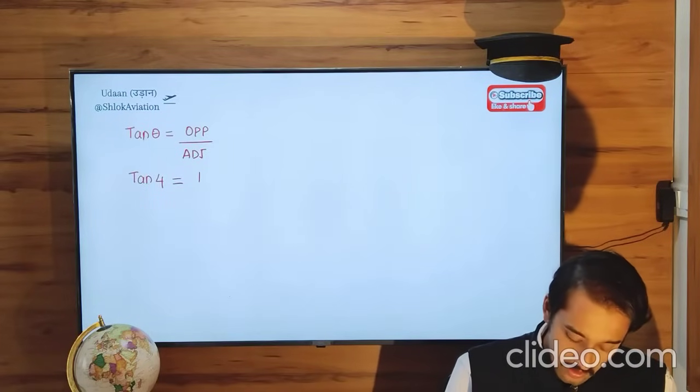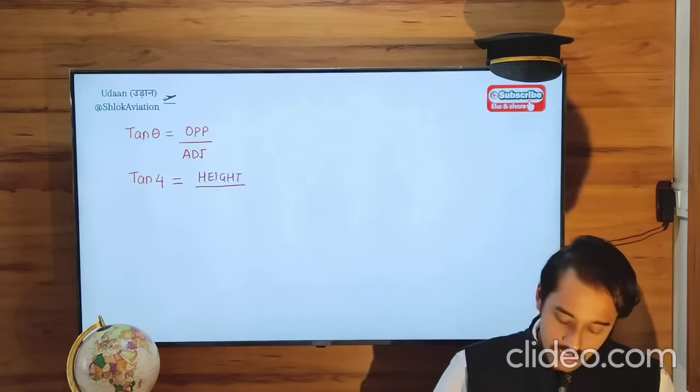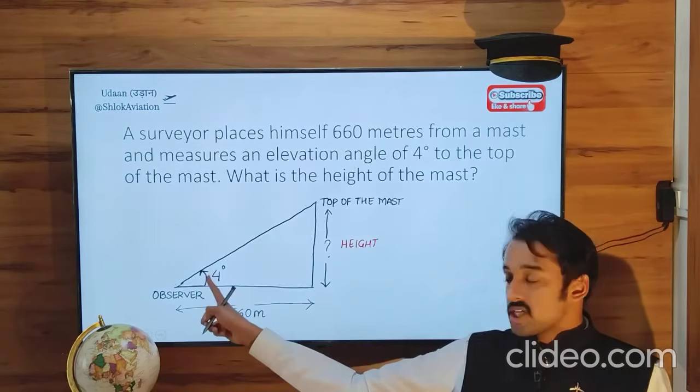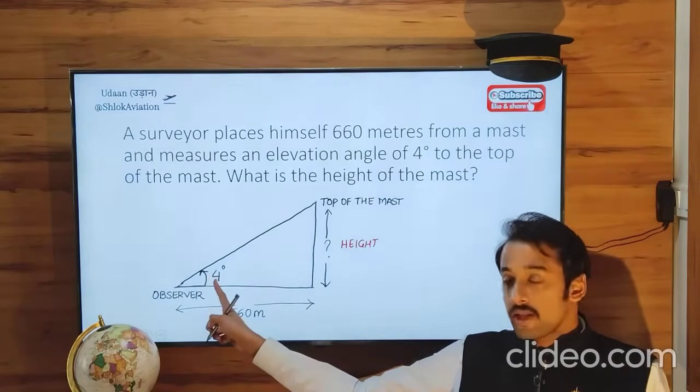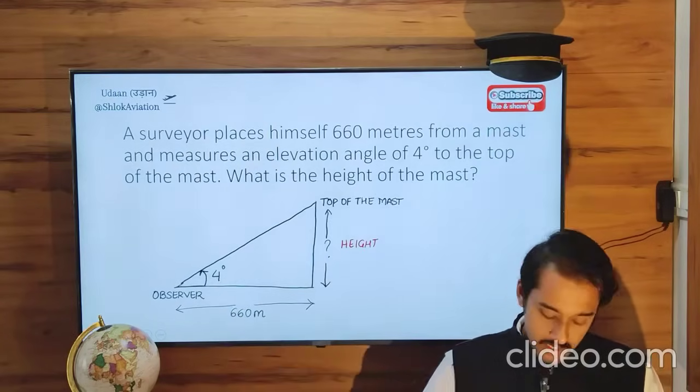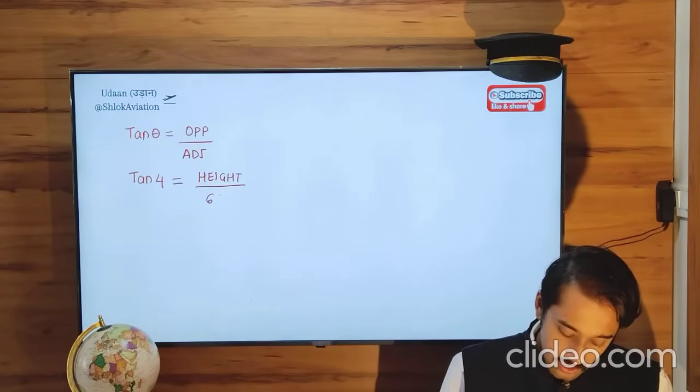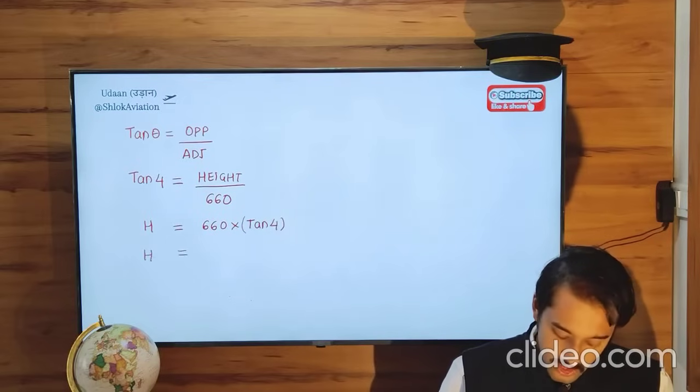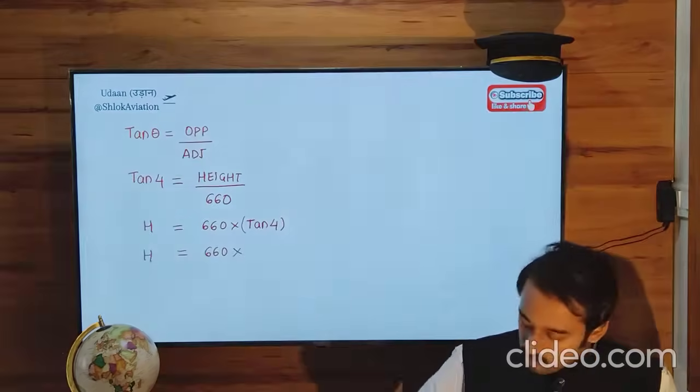The adjacent side to the angle 4 degrees is 660 meters. So height equals 660 into tan 4.